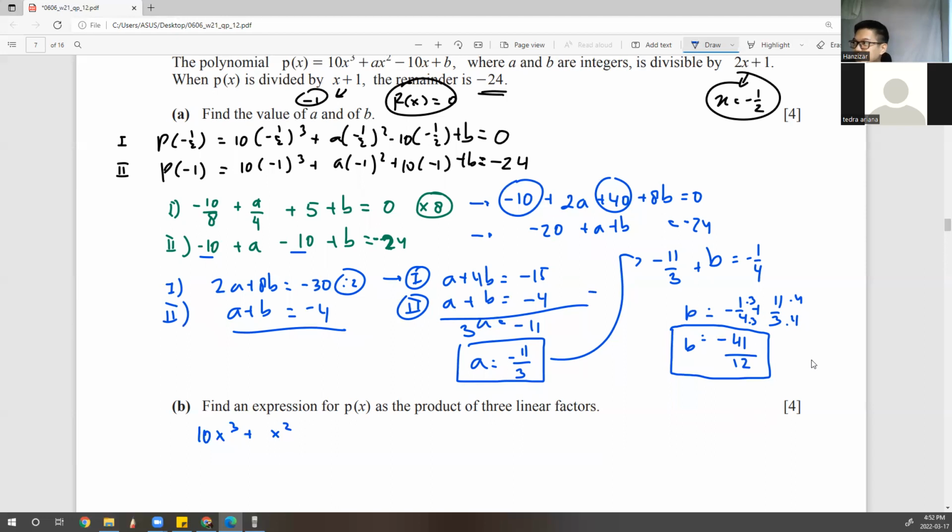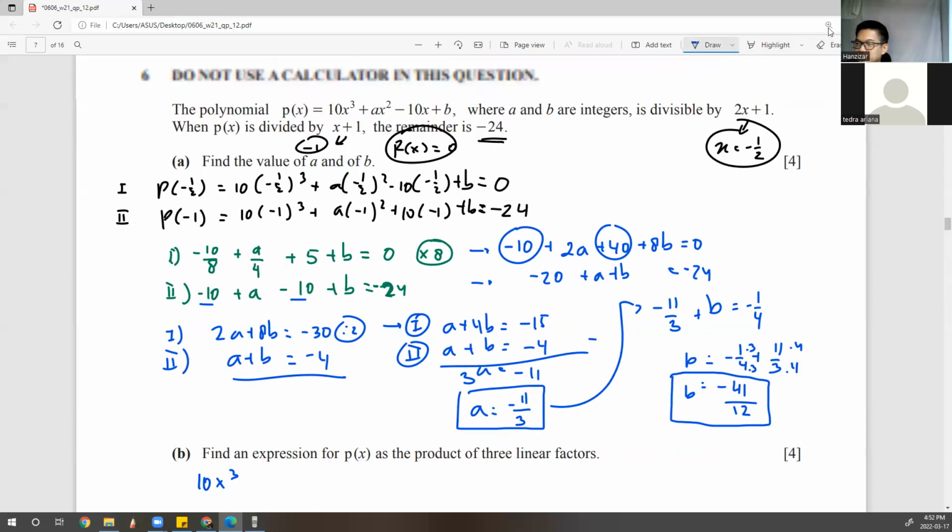Minus 11 over 3, wait, I erase this first. 10x cubed, there you go, minus 11 over 3x squared minus 10x plus b, so minus 41 over 12, equals p(x), right?